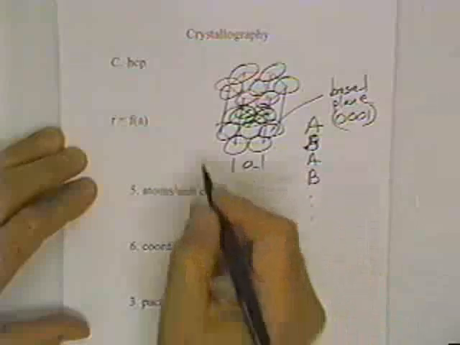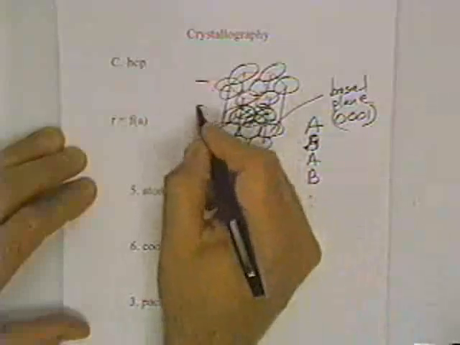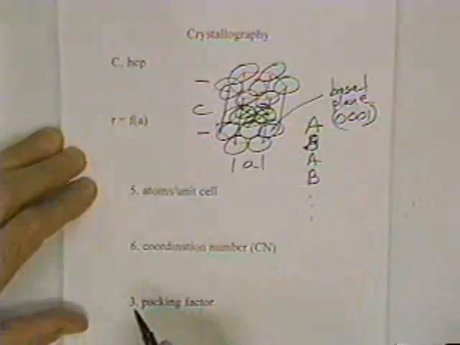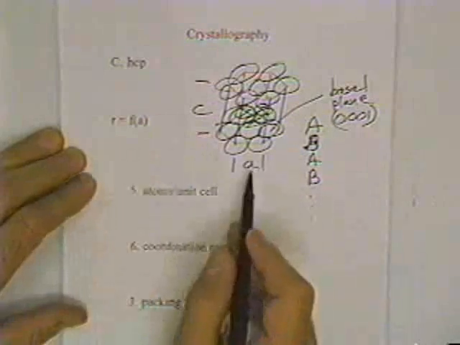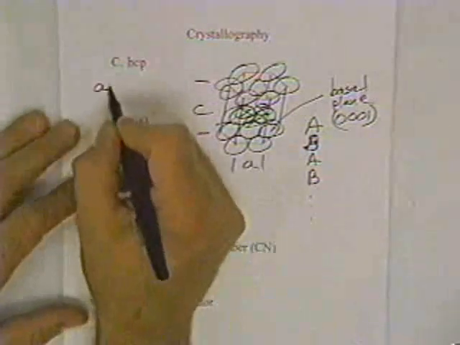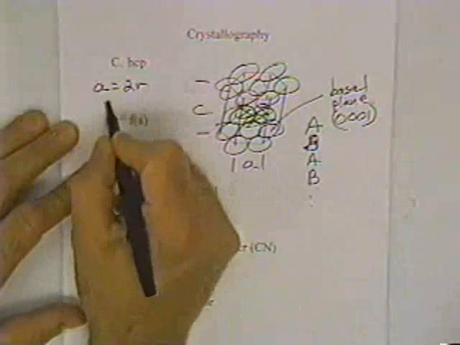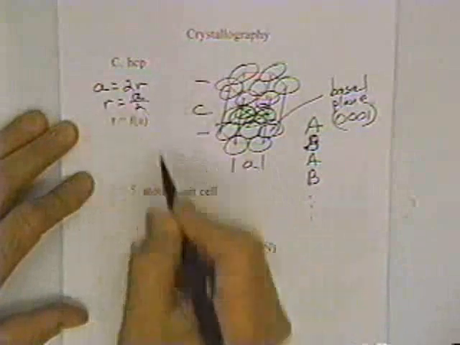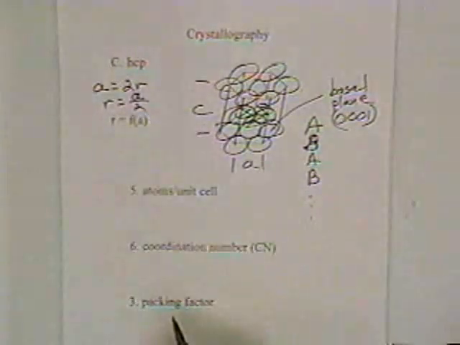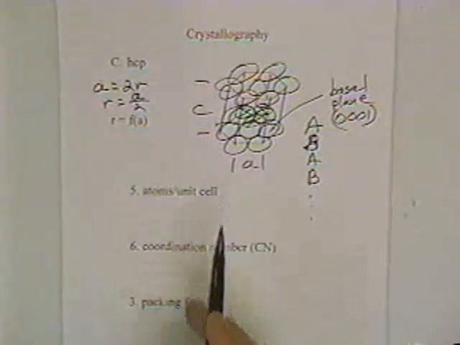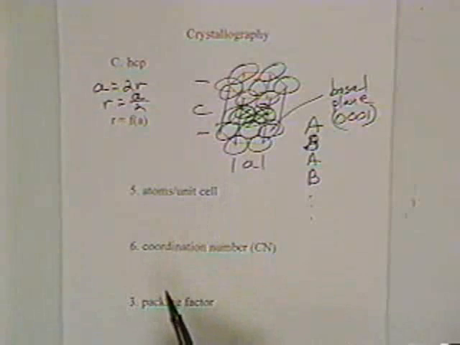The unit cell dimensions are a, and now we need a second dimension c, because it's no longer cubic. A is equal to 2r, r is equal to a over 2. And if they're perfect spheres, the c over a ratio is 1.63.